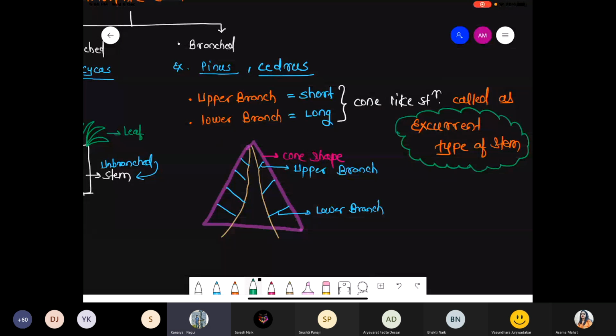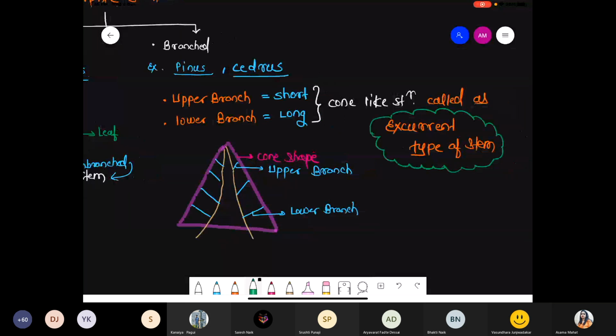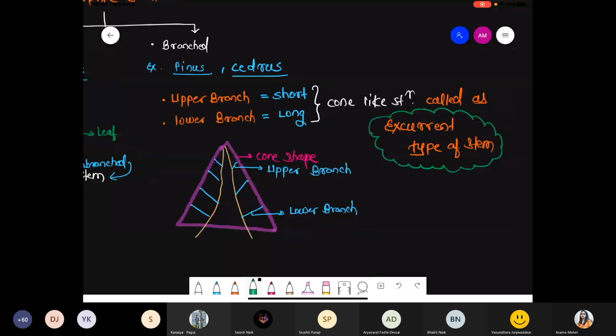Because the lower one is long and the upper one is short, they give rise to a cone like appearance, right? So that cone shape of the stem is called the excurrent type of stem. Got it?